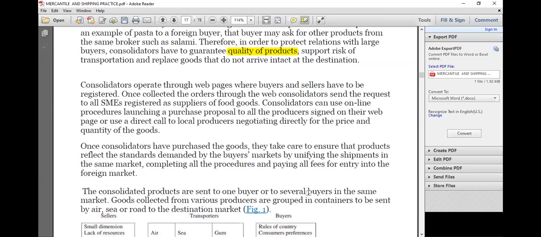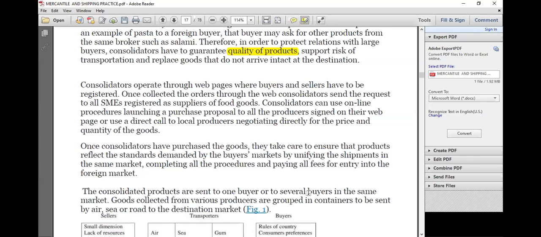Then they can use online procedures, launching a purchase proposal to all the producers signed on the web page, or use a direct call or local procedures, negotiating directly with local producers for the price and quality of those goods. So they operate online through a website kind of.